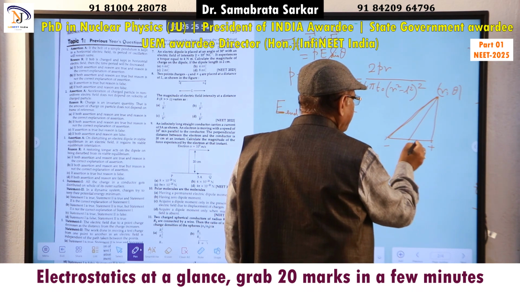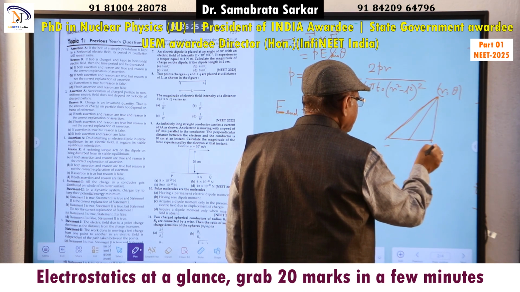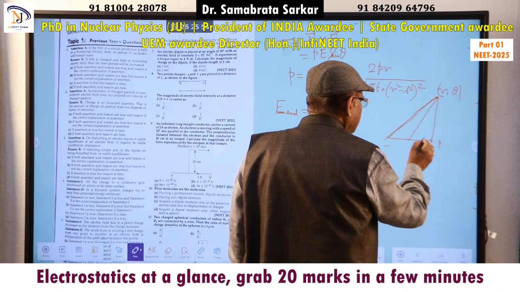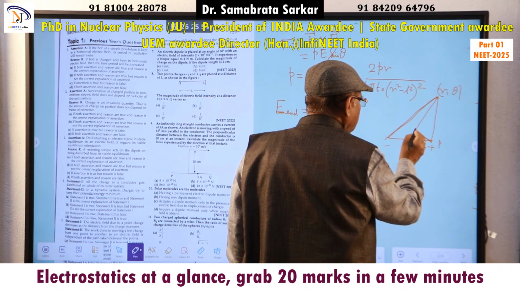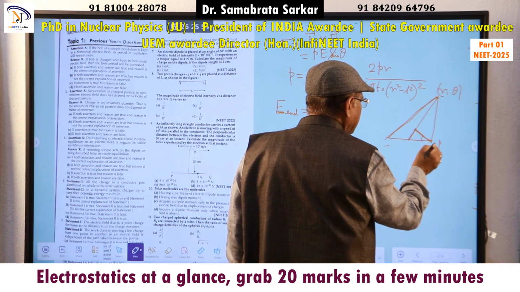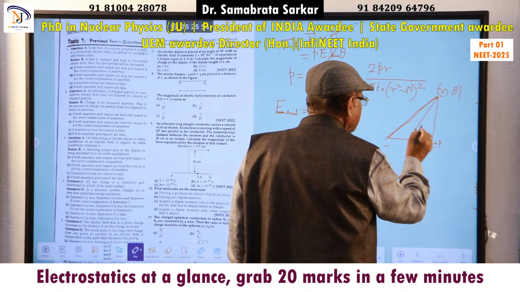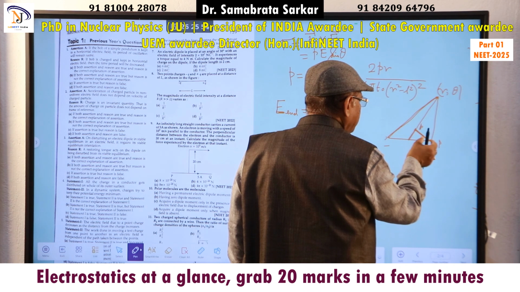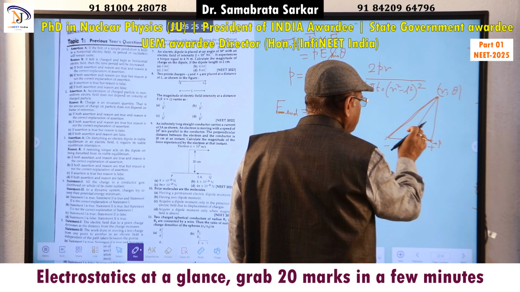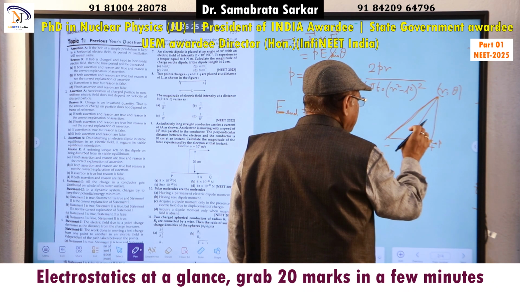Just see, if it is P and if it is theta, then what will be the value? It is P plus P, then P what? Perpendicular by hypotenuse. This is perpendicular, isn't it?